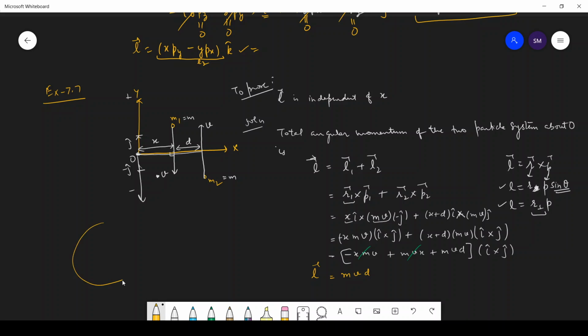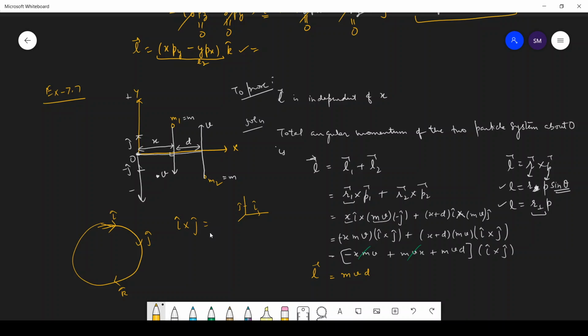Students, look here, write it in sequence: i cap, j cap, and k cap. So i cross j: here also you can see this is i cap, this is j cap.